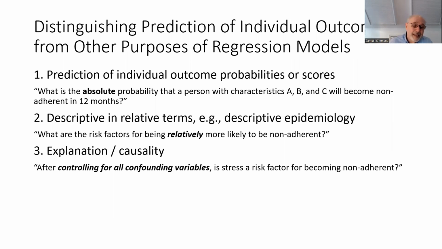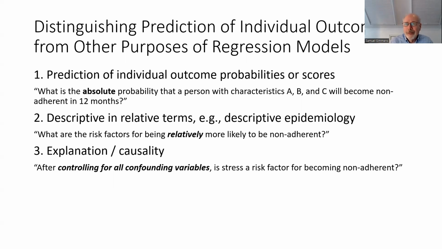The underlying idea there is that we want to explain something in a causal sense. Now, you can have the same regression model serve all 3 of these purposes, but oftentimes the models would be set up a little bit differently.